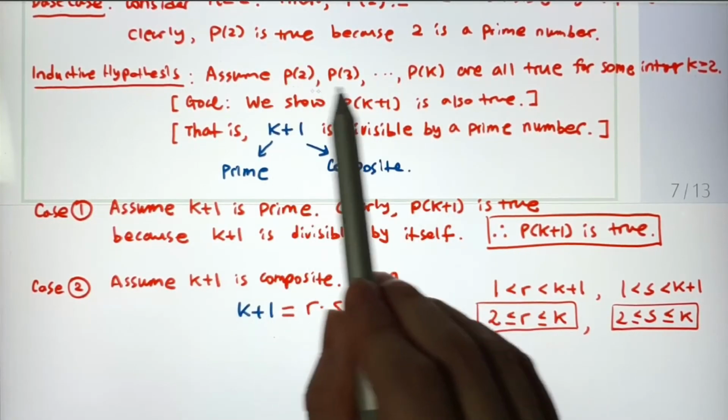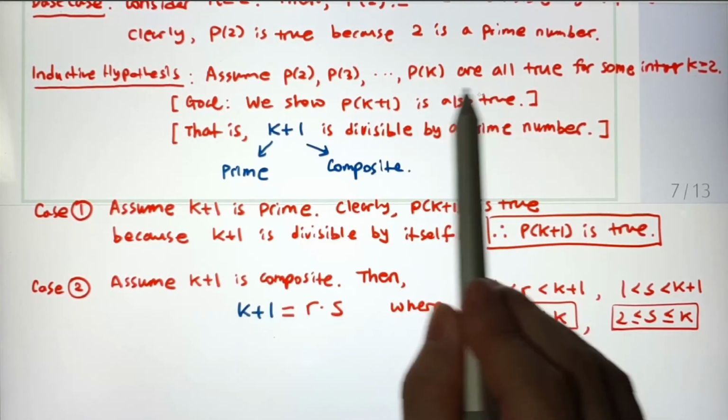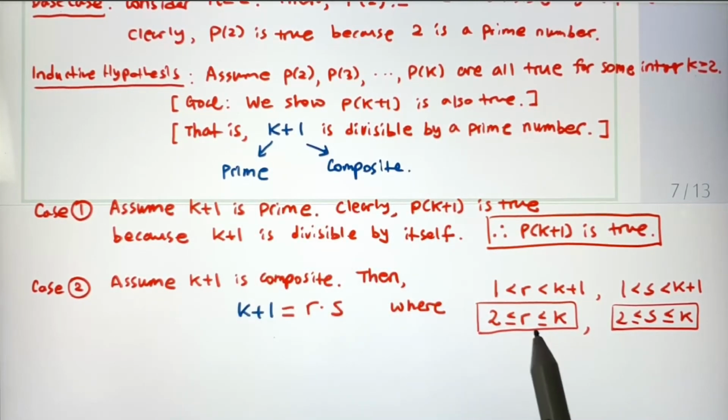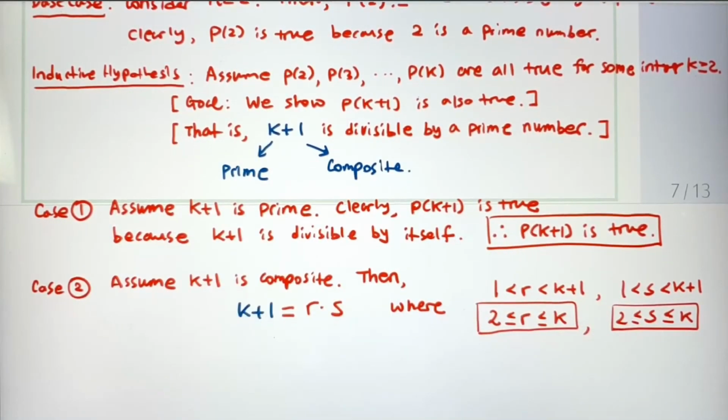We are assuming all statements P of 2, P of 3 up to P of k are true. In order for us to use these statements in the inductive step here, we need to change the inequality in terms of 2 and k. And knowing that r is in between 2 and k will help you prove the statement using strong induction, our assumption here.